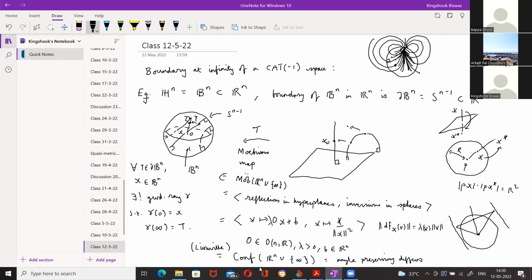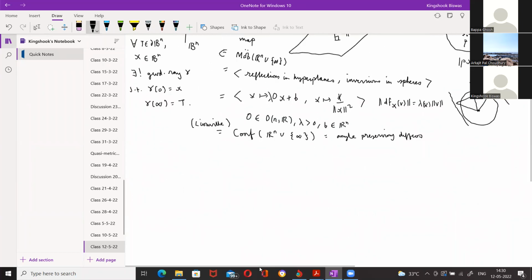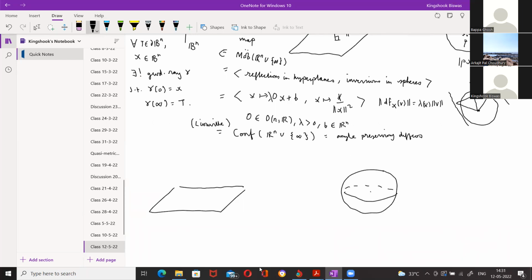So this is easy to see in the upper half plane. Let me show you in the upper half plane. So in the upper half space, I know that if I have any boundary point, I can always map it to infinity, which is in the boundary of the upper half plane. This is the boundary, Rn union infinity.